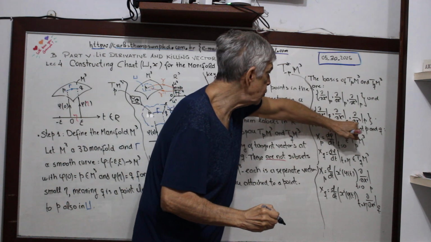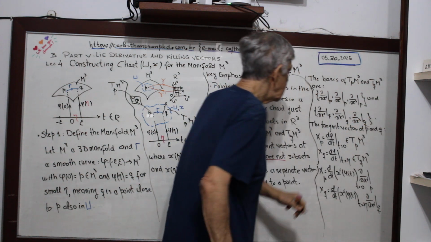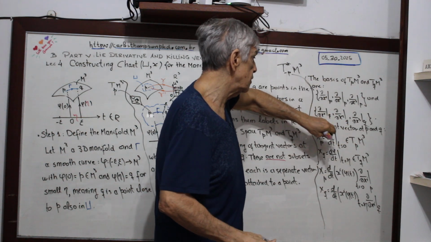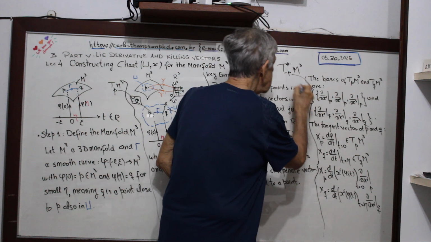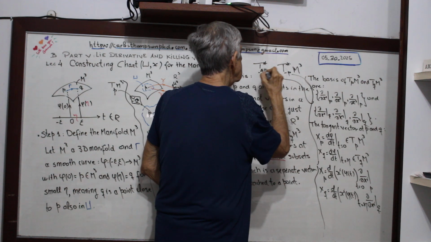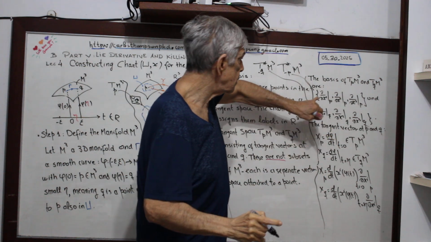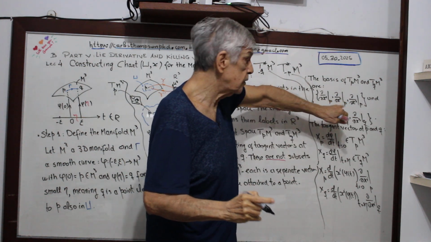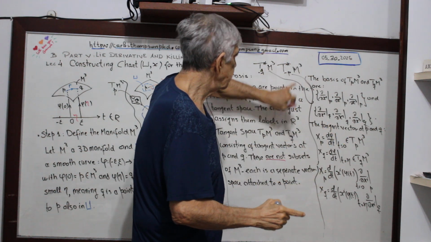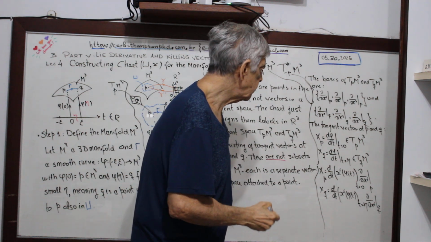Likewise, for the point Q, there's another basis, and this one here is for Q on M3. So the tangent vector space is associated with the cotangent vector space. We mentioned this before.